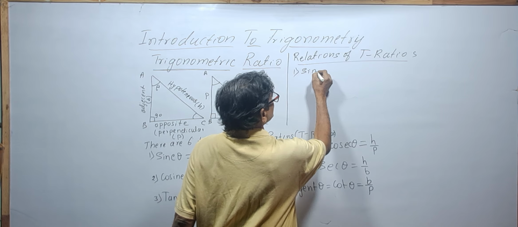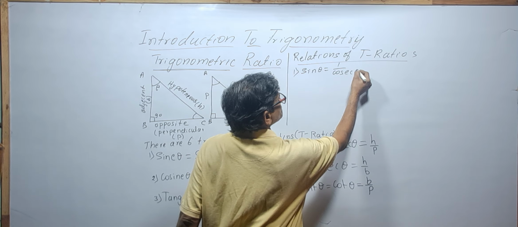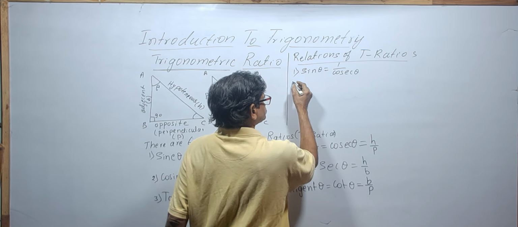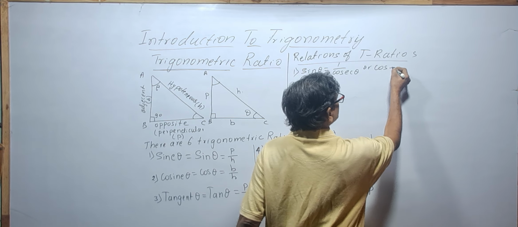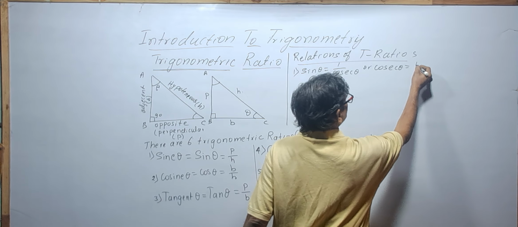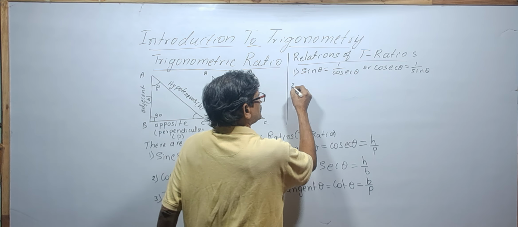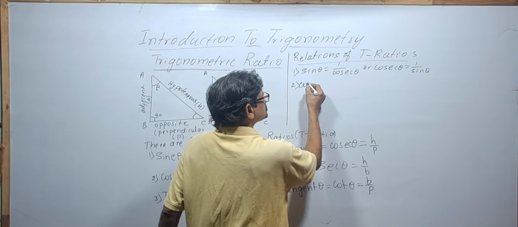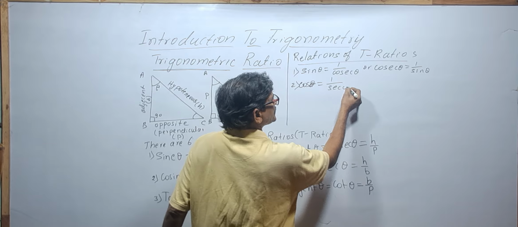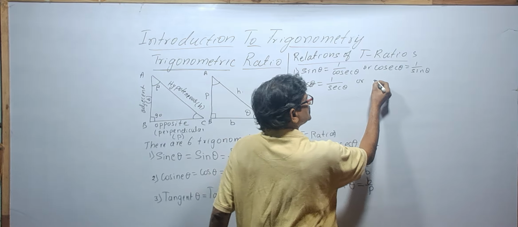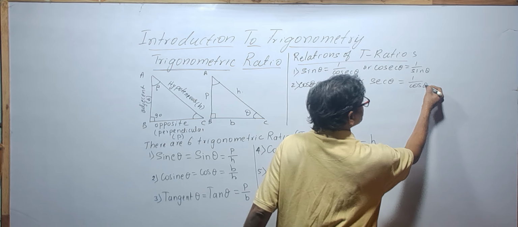Sin theta equals 1 by cosec theta, and in another way cosec theta equals 1 by sin theta. Second, cos theta equals 1 by sec theta, or sec theta equals 1 by cos theta.